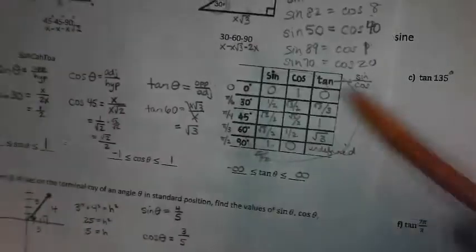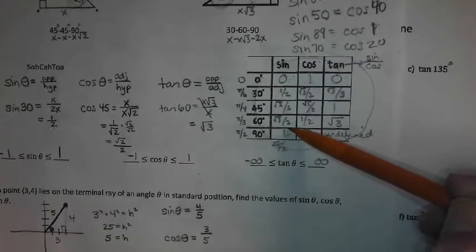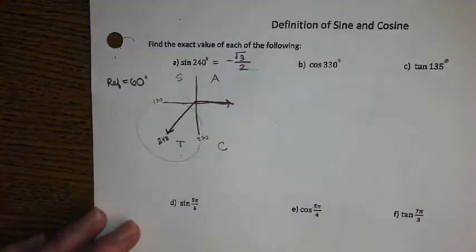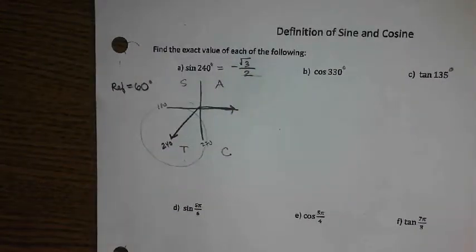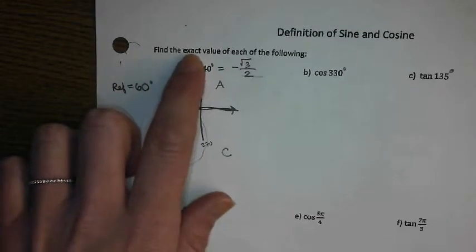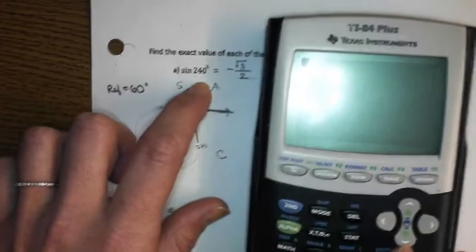So from your chart, the sine of 60 is root 3 over 2. So your answer for the sine of 240 degrees is negative root 3 over 2. Now, this says to find the exact value, so guess what? Your calculator wouldn't be helpful. Because when you do this on your calculator, what mode should I be in?